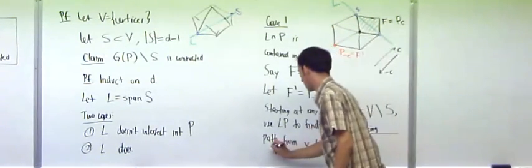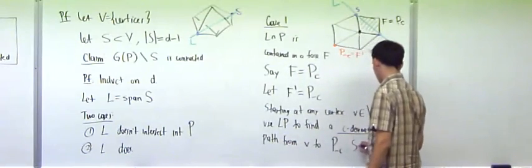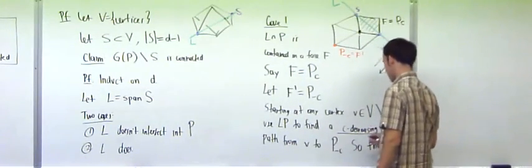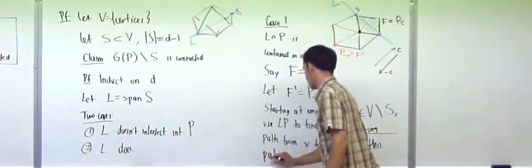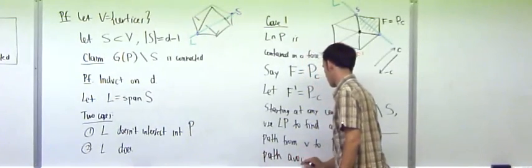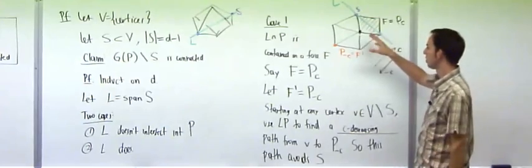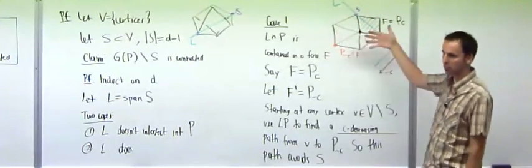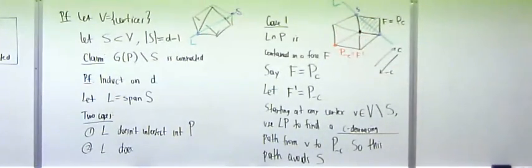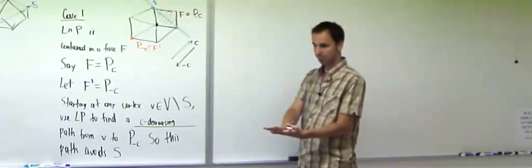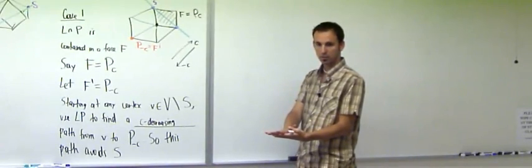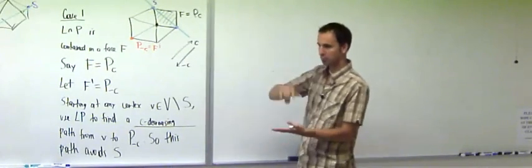So that means that this path avoids S, because linear programming could never send you to those vertices S. So that's telling me that from every vertex, I have a path to the bottom. So every vertex is connected to the bottom.